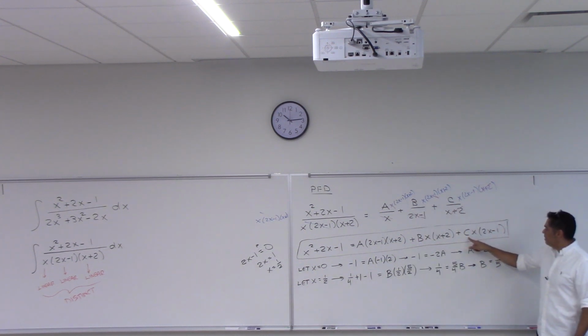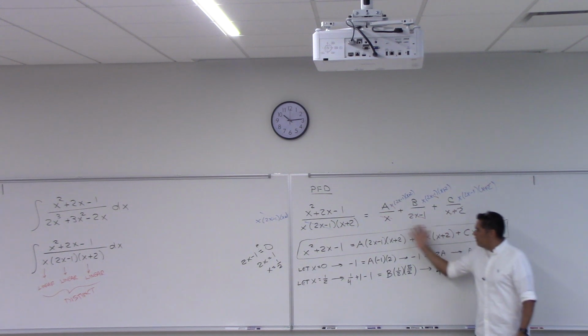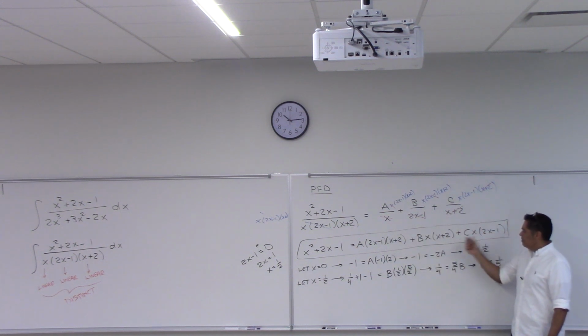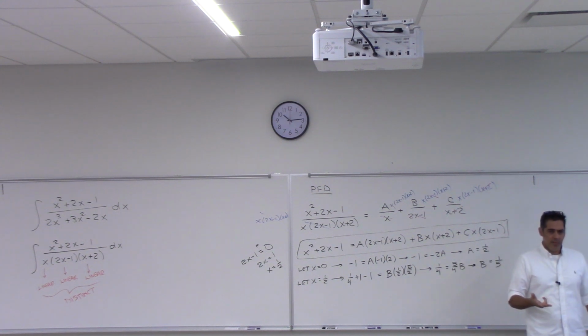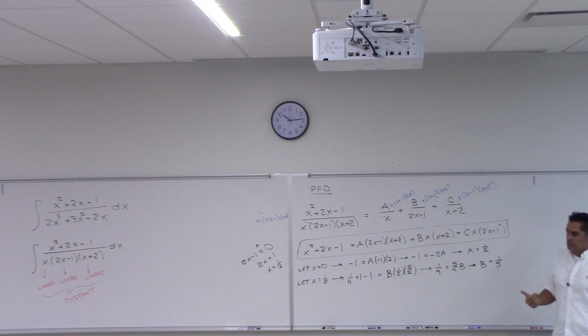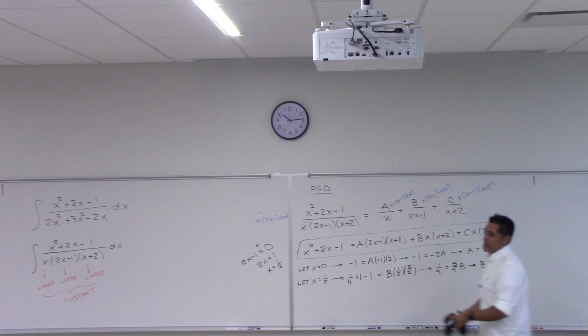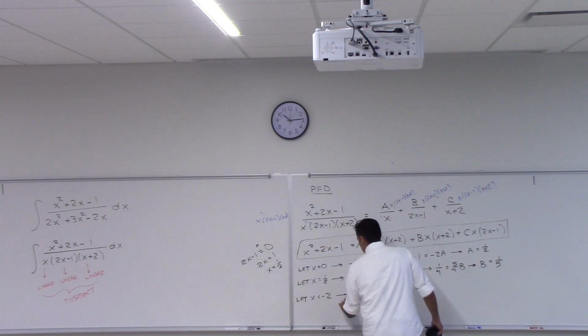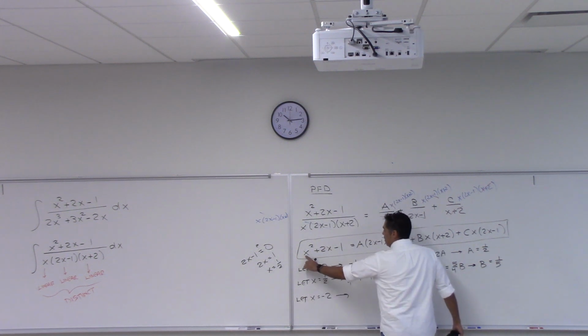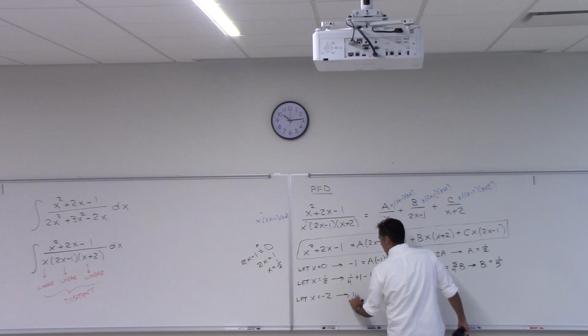To find C, we look for whatever factors are over here that aren't over here. So x plus 2, right? So what would x have to be to make x plus 2 be 0? Negative 2. So now I'm going to replace all my x's with negative 2. Okay, here we go. Negative 2 squared, positive 4, right?